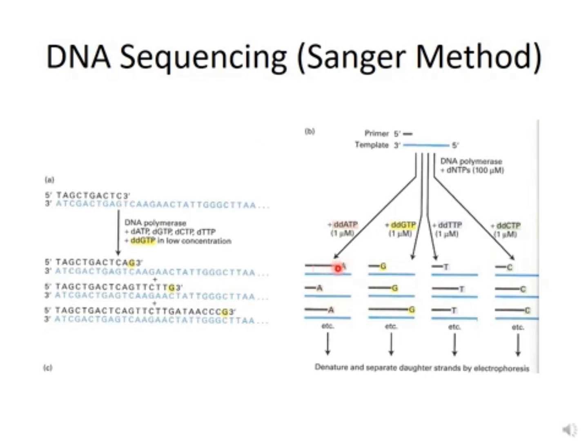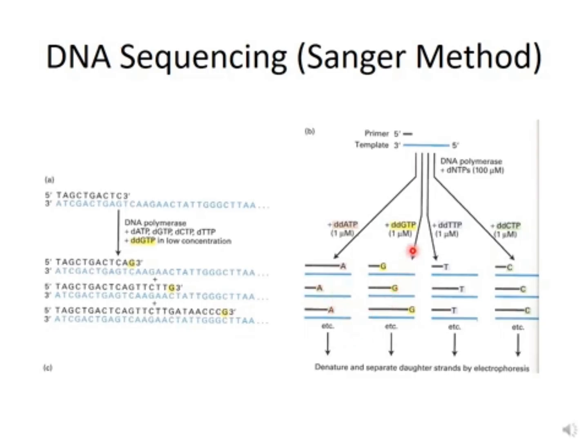That would prevent the formation of a new phosphodiester bond. So the length of the DNA strand is cut short. And we know, because we added the ddATP, that each strand that is not the entire length of the gene has an A at the end of it.